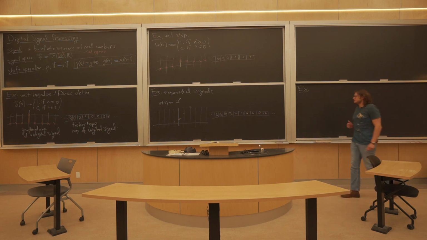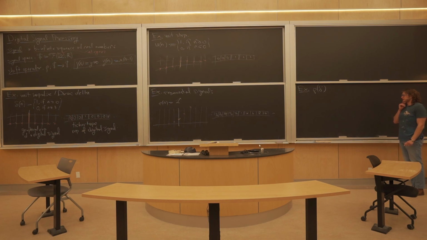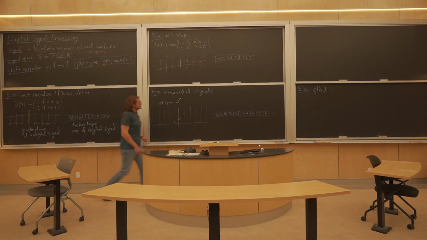Let's use the Dirac delta. So this is going to be a new signal, okay? So it's a function at the end of the day whose arguments are integers. And so based on this, I can just write down this expression at n.